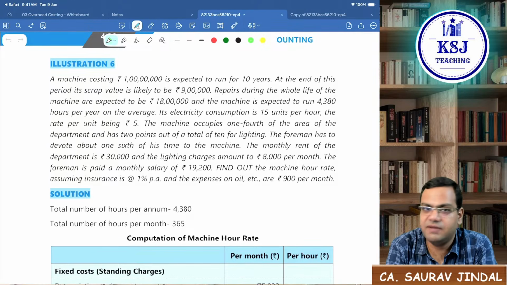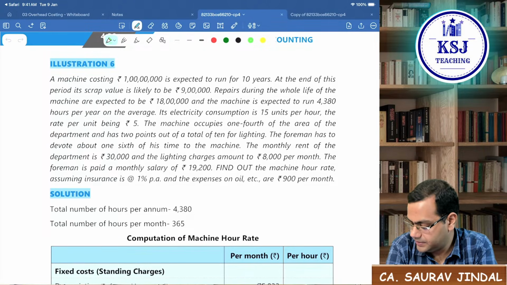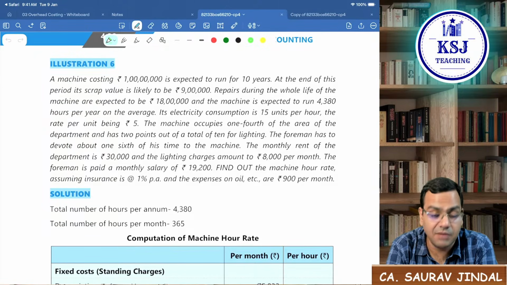Or let's proceed with the questions part. Let me know quickly. No doubt. Okay, so let's proceed to the questions part. Come to illustration number 6.